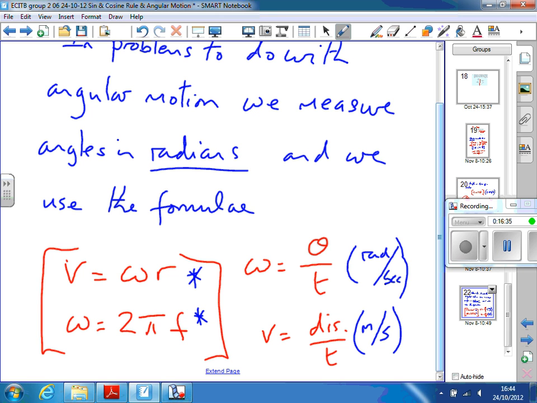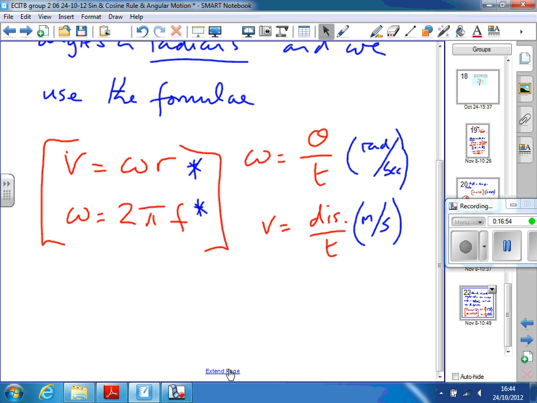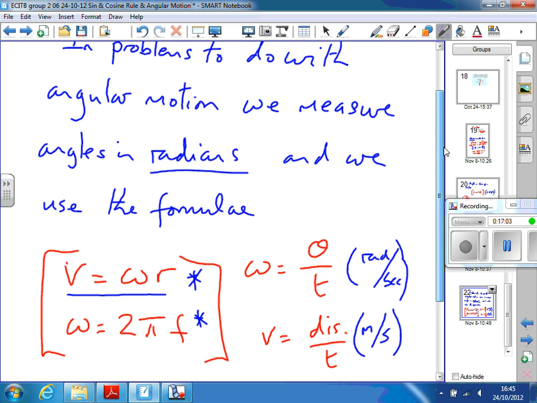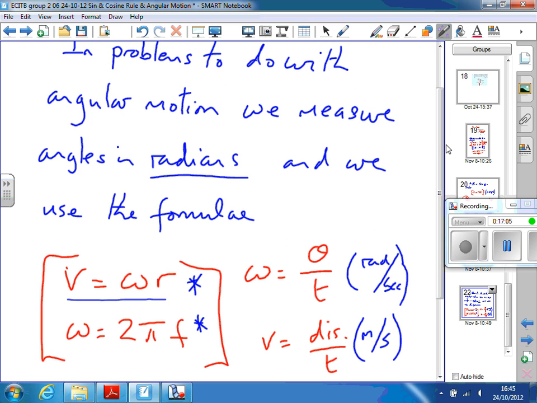Remembering that omega is the rate at which it turns, theta over t, measured in radians per second, so that's the angular velocity measured in radians per second, and the linear velocity, which is distance over time, measured in meters per second. So there is a relationship between the angular velocity and the linear velocity, and this is it here. So make a note of those formulae and the units.